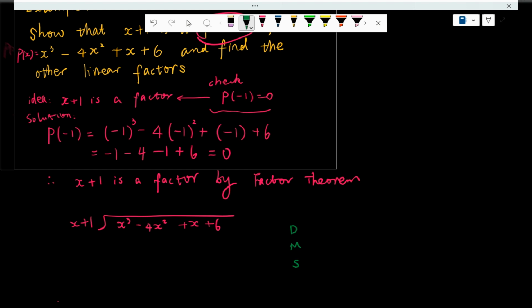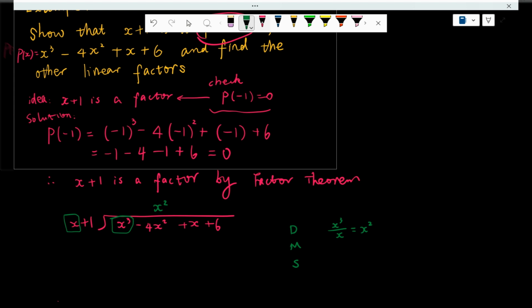First, the leading term of p of x is x cubed, and the leading term of the divisor is x. x cubed divided by x, we have x squared. Then record x squared above -4x squared, because they are like terms, so we make them consistent.